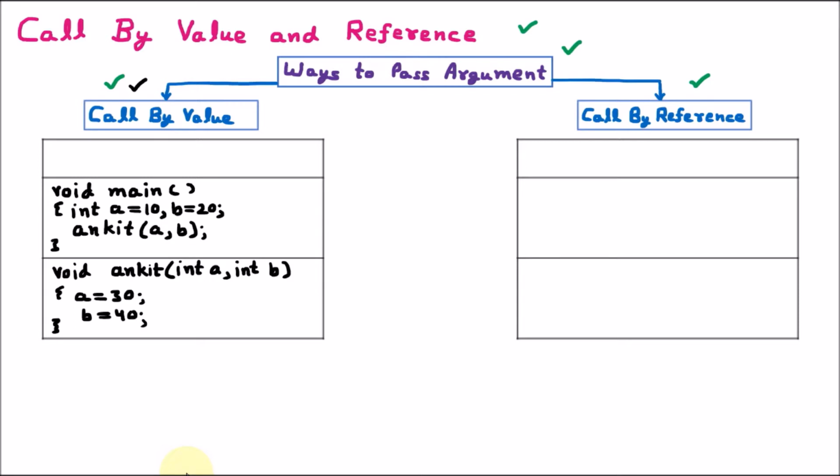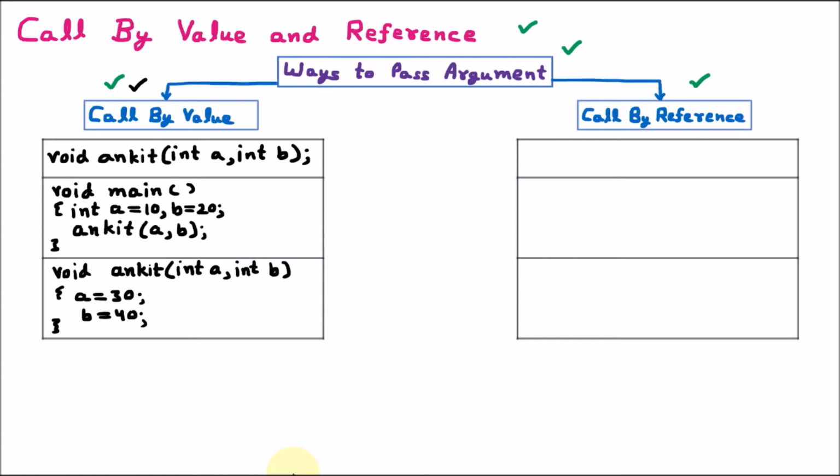Now we will understand how this program will affect the different variables. But before that, we also provide the function prototype. On the top, we write the very first line of the function, which is void Ankit. In the brackets, we write int A, comma, int B. So this is the first line, and afterward we put the semicolon.